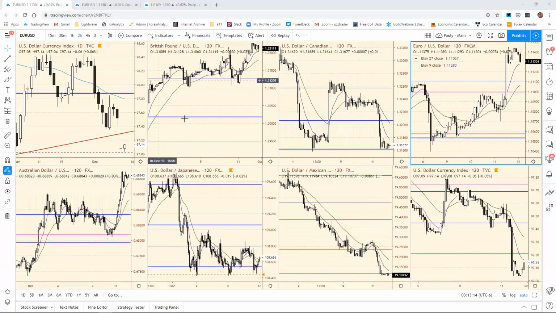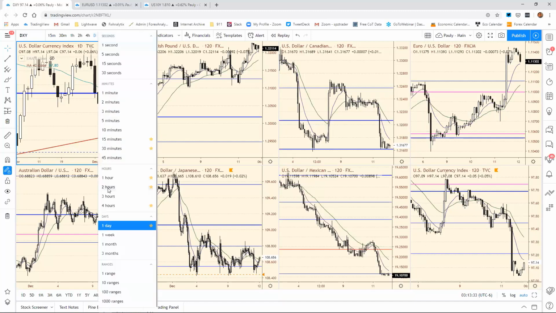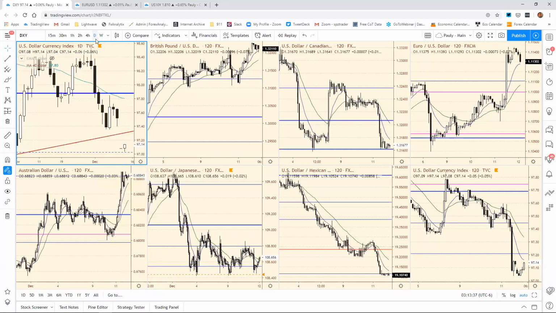So yesterday, post Fed meeting, we did see the dollar give back some of its gains. I'm not sure why TradingView has it like this. You can see here, every once in a while I'll see something like this. I thought it was going to reset itself. It apparently hasn't. Let's go back to daily.